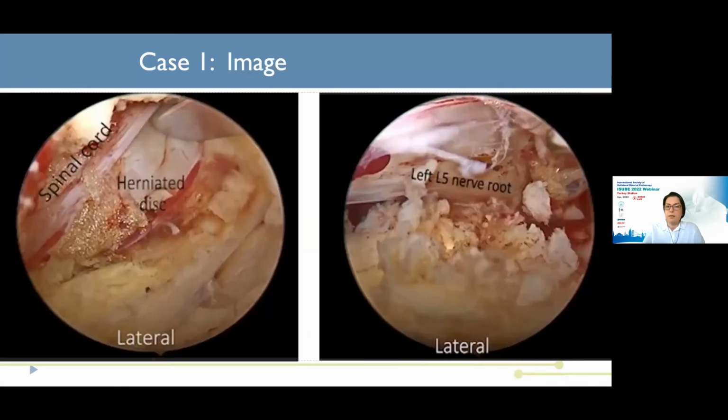Here you can see his intraoperative images before the discectomy and after the discectomy.